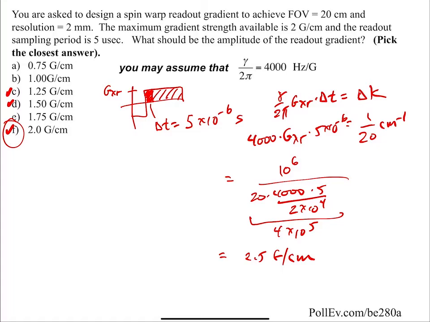I just figured that out as I was looking at the solution. Well, that is the closest answer, though. Right, because 2 is the biggest gradient you can have, and so 2.5 is the closest answer. Okay, go ahead. That was last year, so don't worry about it. Okay. Yes.